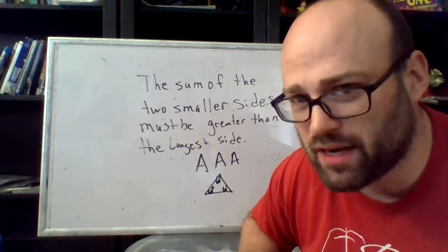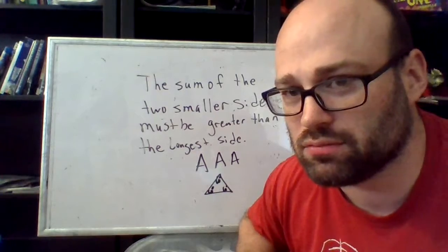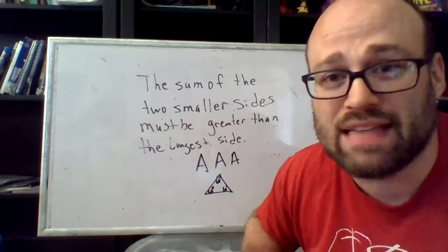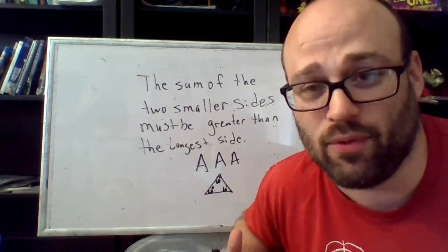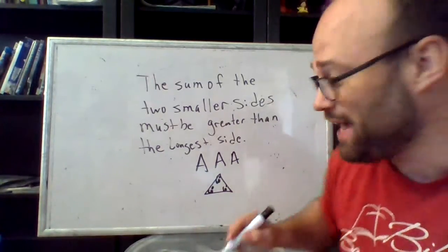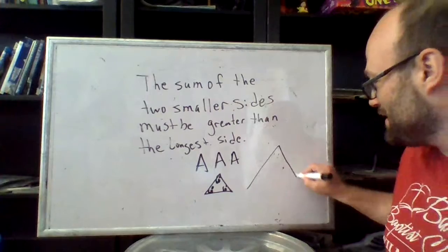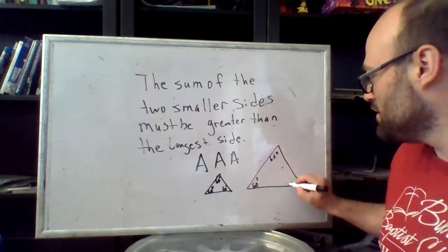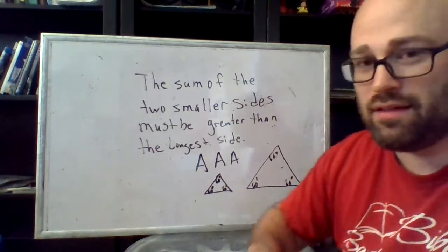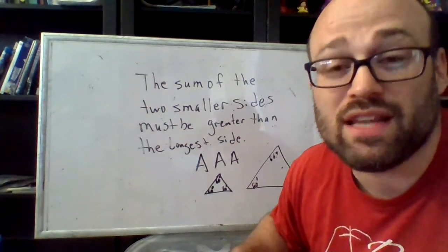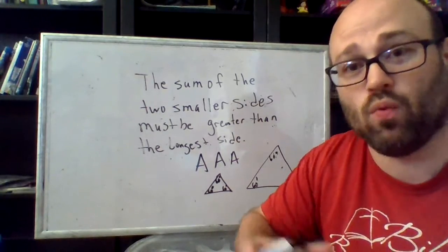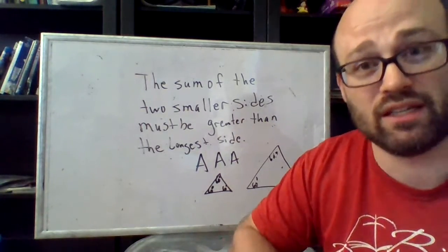Well, you can make an equilateral triangle with 60-degree angles. However, yours won't be exactly the same size as mine. It won't be the exact same copy because I can make another one as big as that, 60 degrees, 60 degrees, 60 degrees. That doesn't work. So it's not unique. And you're going to watch that video about what is unique and what isn't unique.